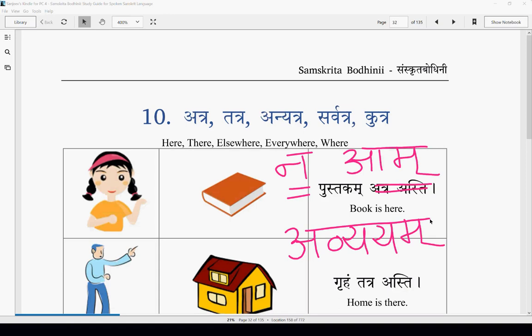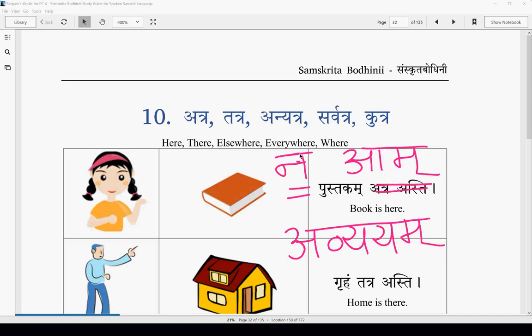They do not change their form when used in a sentence, whereas balaka, gruham can change their form depending on their role in a sentence. That we'll see a little bit later. But na, am, they do not change their form.